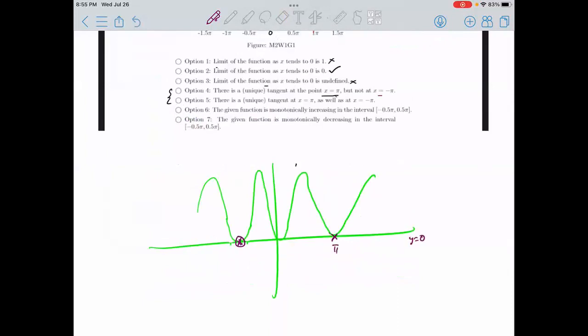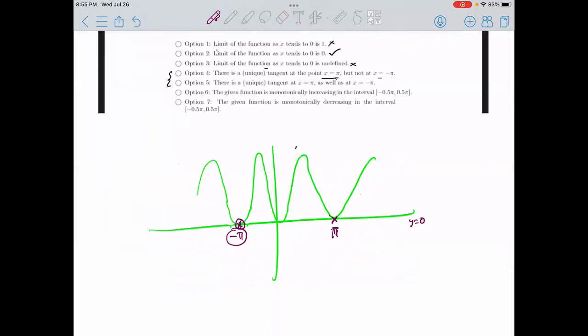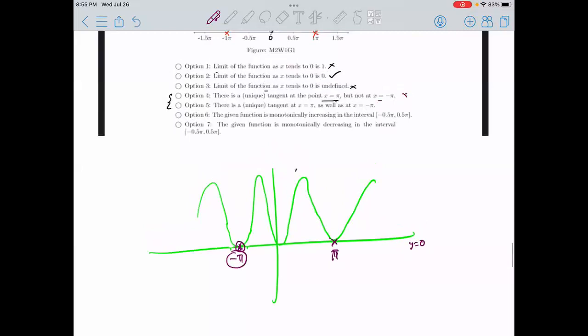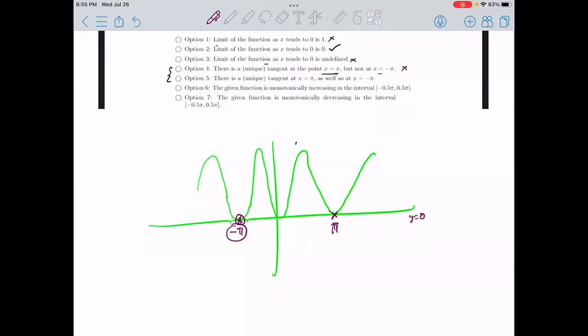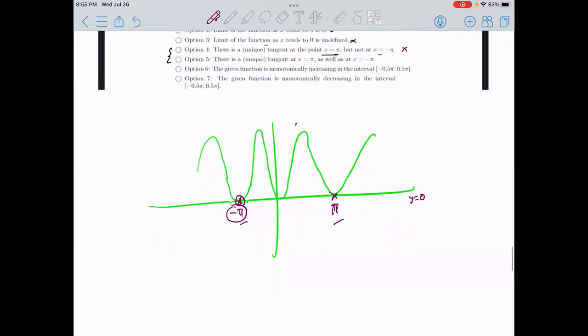So at x equal to pi and x equal to minus pi, there are unique tangents. Are you able to get this? So this is wrong. Coming to option 5, there is a unique tangent at x equal to pi and x equal to minus pi. Yes, there is a unique tangent.